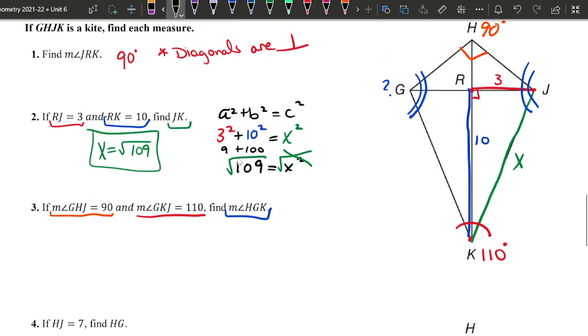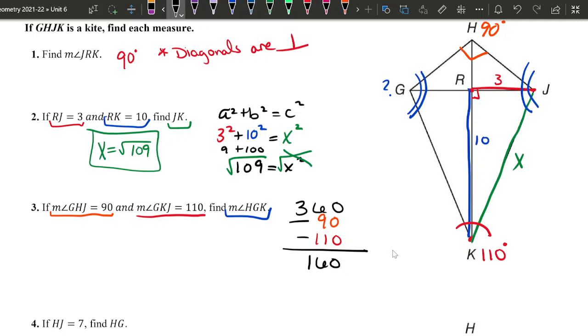So if I started with 360 degrees and I subtract the 90 from the top angle H, and then I also subtract the 110, it gives me 160. So now I have 160 degrees left over, but I have 2 angles.